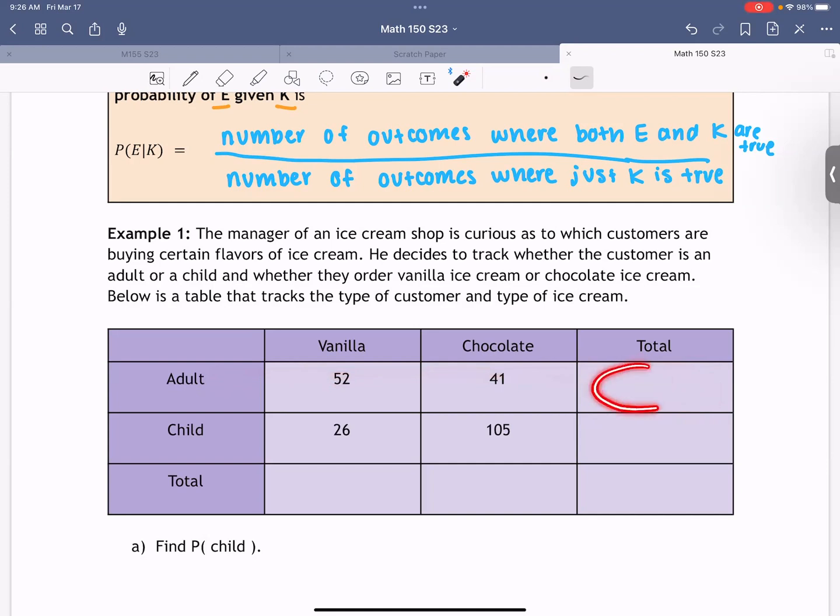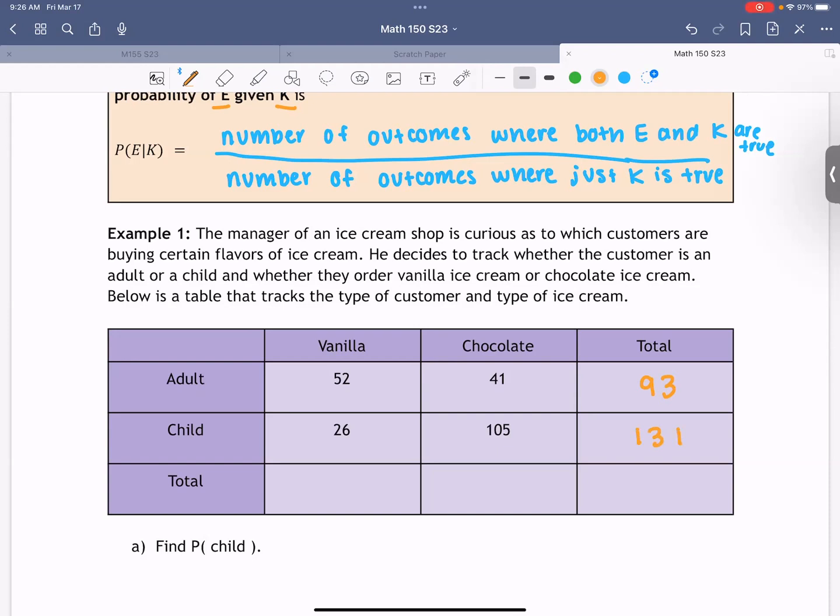To figure out this number, all you need to do is just add across. Add the adults who like vanilla, add the adults who like chocolate. If we add 52 and 41, perfect, 93. Then the same thing goes for the cell right below. I can add 26 plus 105 to get 131, and that's the total number of children.